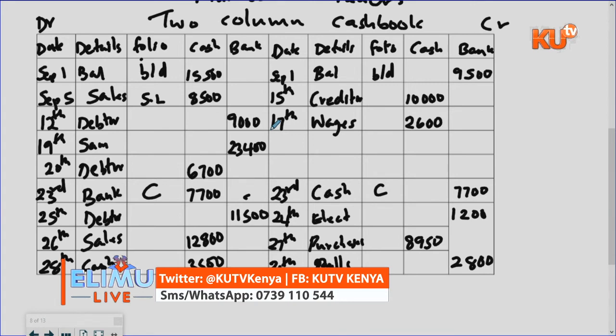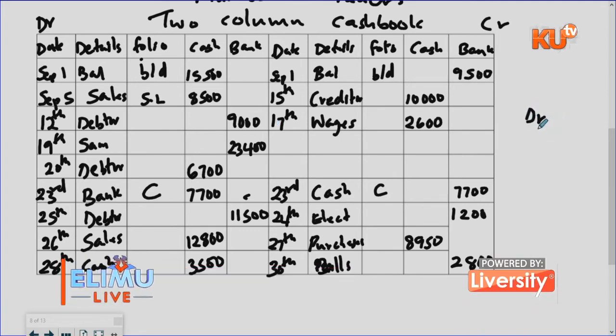That gives a total of, our total on the debit side is 54,700. Let's get the total of cash on the credit side.